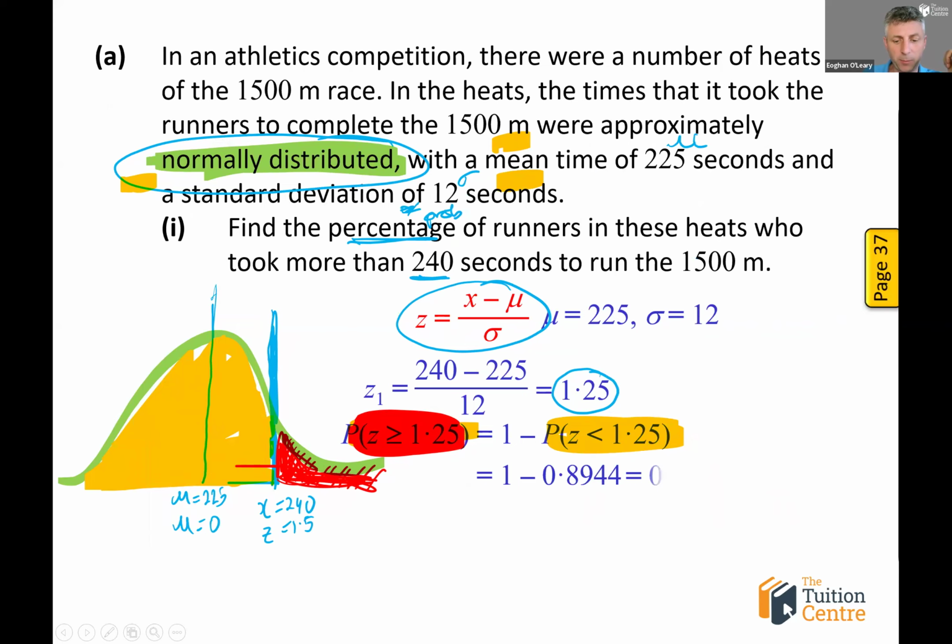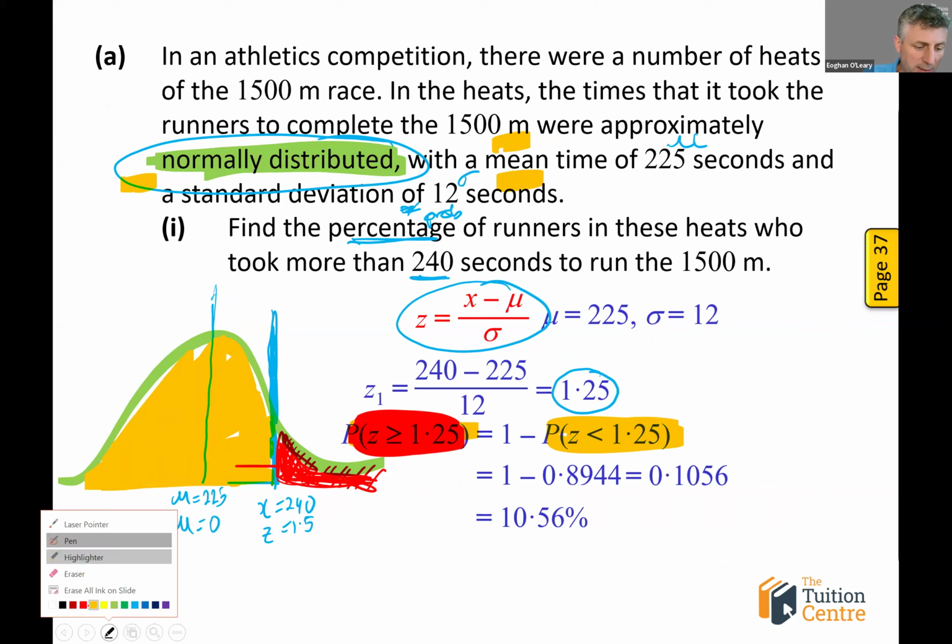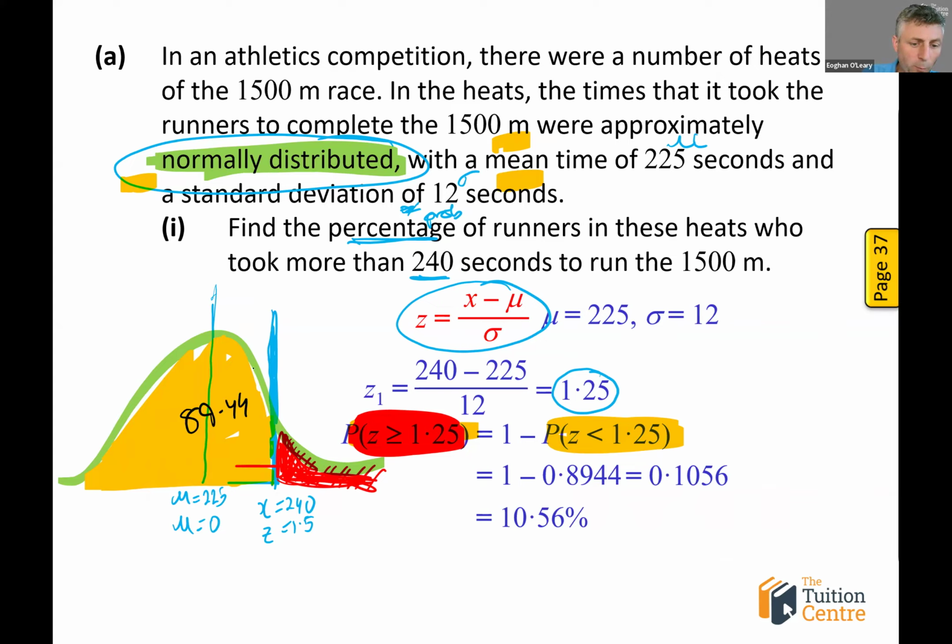I subtract that away from 1 and I get 0.1056, or 10.56%. So what we're saying here is that basically 89.44% of all the runners will be less than 240 seconds and 10.56% will be greater than it. I had to use 1 minus in that case because I just couldn't work it out otherwise.